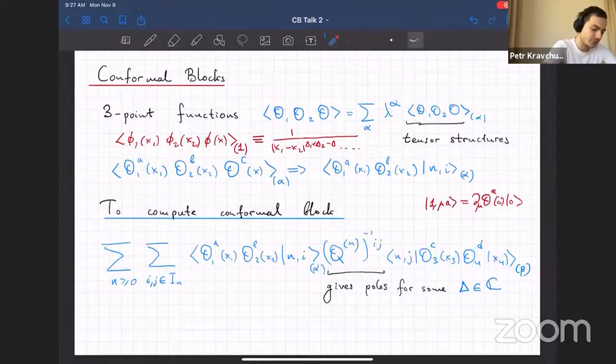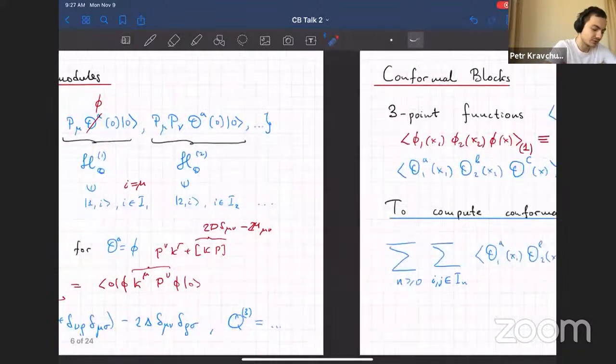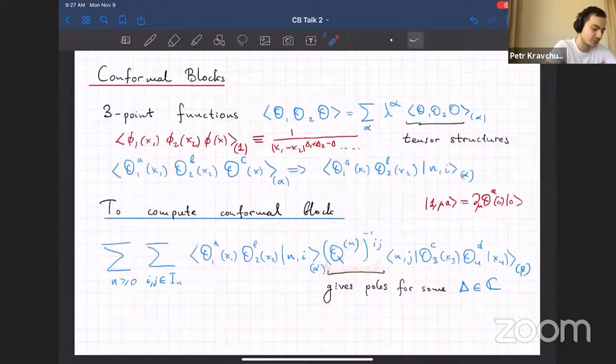And from this expression, you can see that since Q is some polynomial in delta, in general the inverse of Q might have poles. For example, in this case with scalars at level 1, matrix Q is just diagonal and has an overall factor delta. So if you take Q inverse, then we obviously have a factor 1 over delta coming from here at level n equals 1.